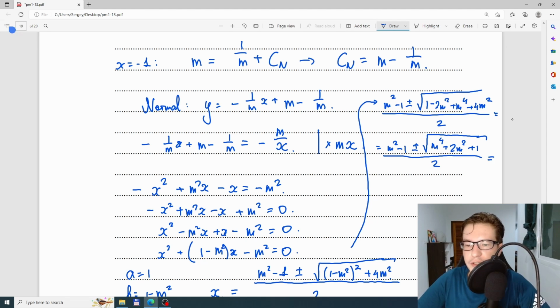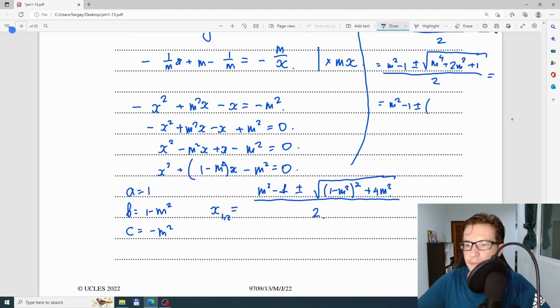And we can see that under the square root we have a complete square. When I take the square root, it's going to be m squared plus 1, over 2. Now, in this formula, when I take the plus sign, I will get m squared. And if I take the minus sign, that simplifies to minus 1.